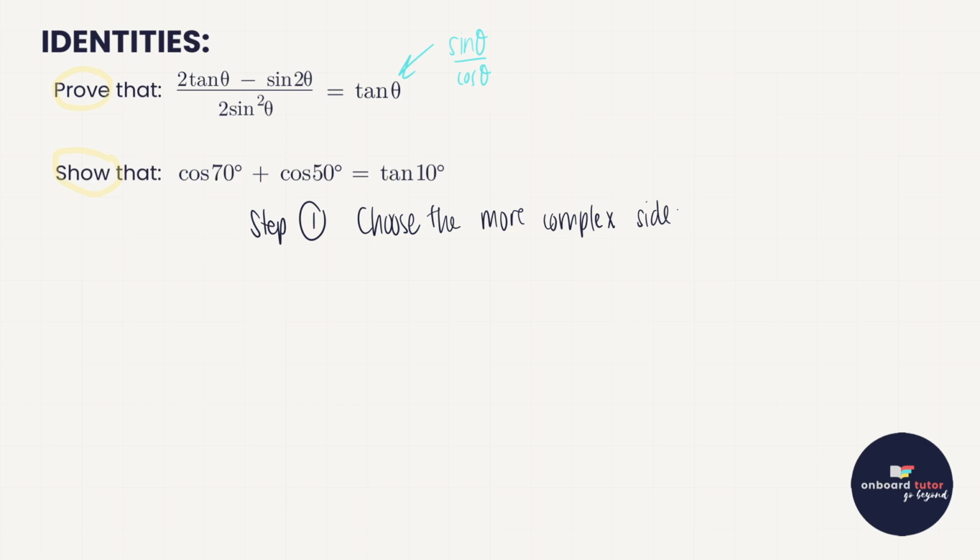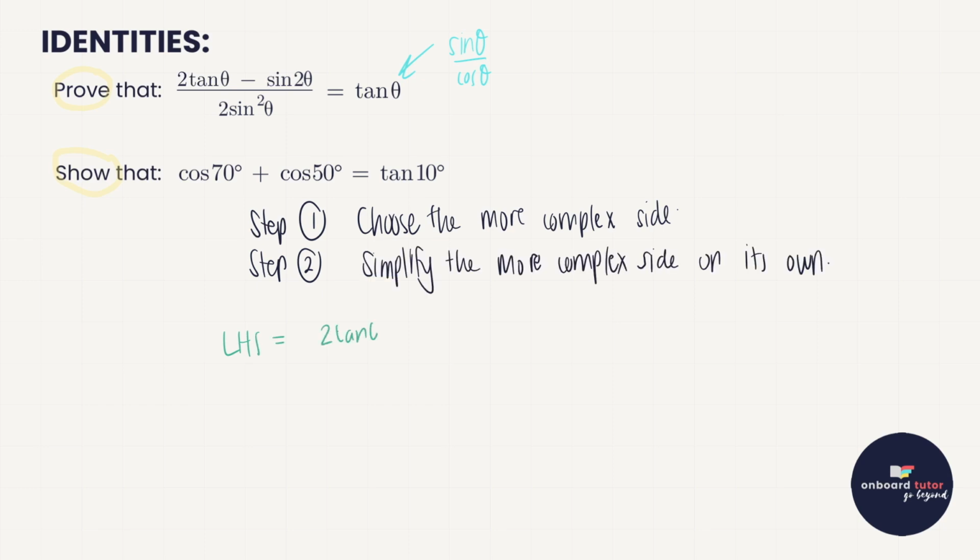So we would definitely choose the left hand side there, and then step 2 is to simplify that side on its own. So in other words, I would then start and I would write down left hand side equals, and I would write this fraction that I'm working with, and then I would simplify at least up until a point, and either I'm going to get this to equal tan theta, or I'm going to get it as simplified as possible, and then in a separate step I could solve the right hand side.